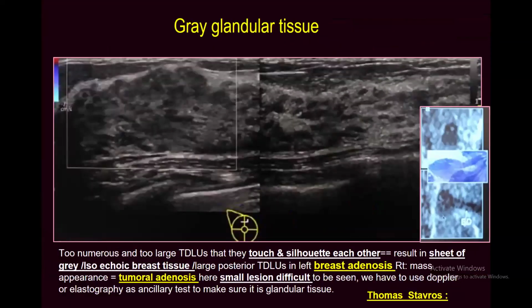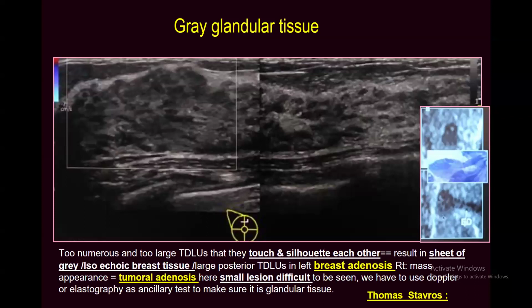And when these TDLUs get larger and larger and increase in number, they become too numerous and large. They join together and make a uniform sheet of isoechoic parenchyma against the fat in a case of breast adenosis.